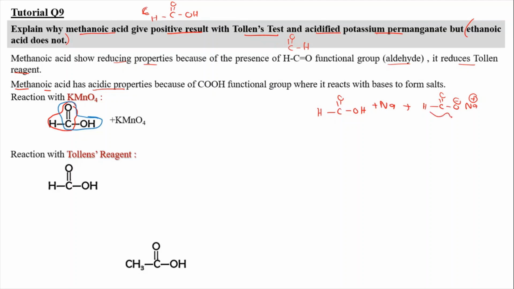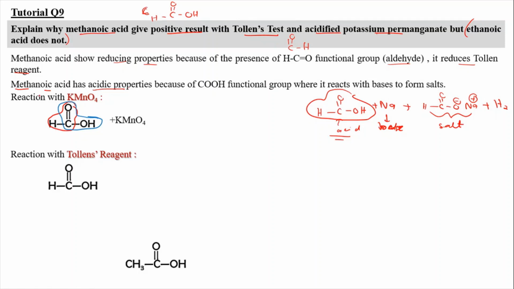So this is going to form a salt. When there is a reaction, the byproduct is going to be hydrogen gas. So when an acid reacts with a metal, it's going to produce a salt, so you know that it is acting as an acid.